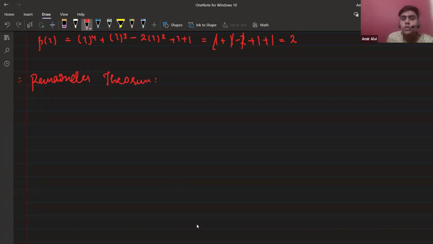Okay, so the remainder theorem says that if p(x) is any polynomial, I'm writing the remainder theorem's proper definition.